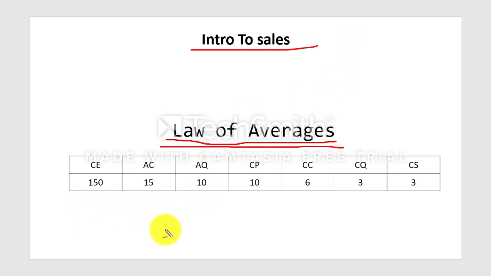First off, I'm going to explain the background of this. Law of averages is how many actions it takes to get a sale at the end of the day.